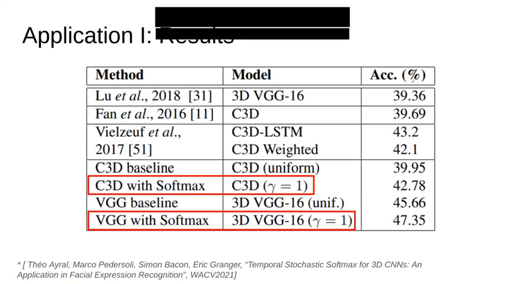Now we're starting a project also with Simon Bacon and Eric Granger, where we are trying to detect ambivalence, which is also a very difficult expression because it's very subtle and it's something quite new, but we are trying to do that. Not sure what will be the result, but it's interesting.